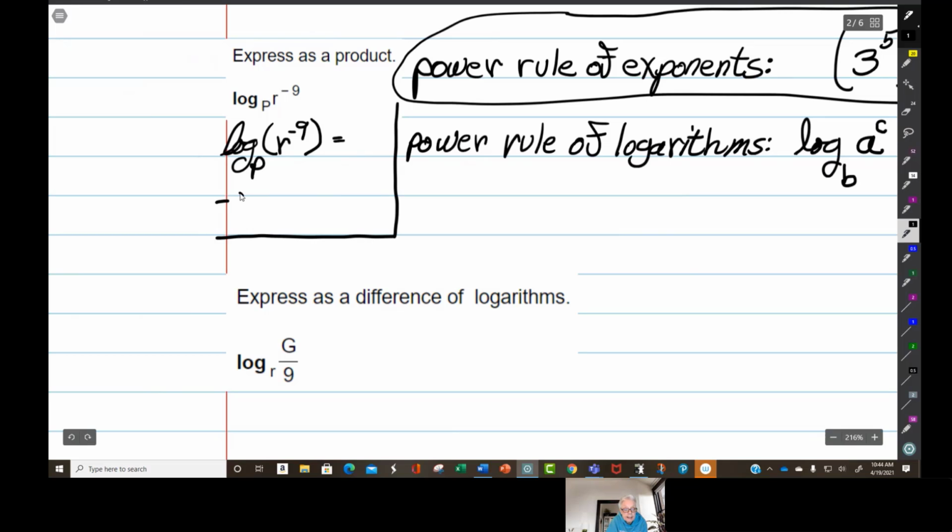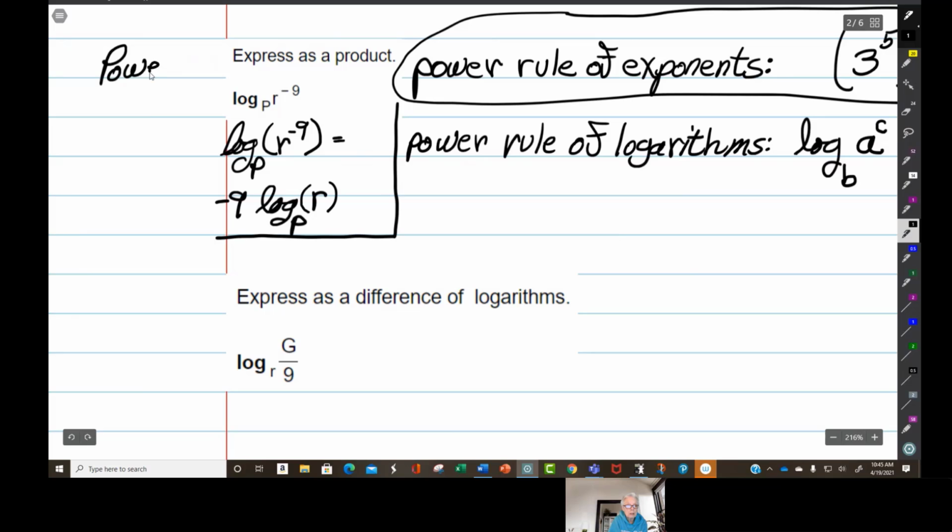So this is going to be -9 times log base P of (R). And you don't need parentheses around the R now, but I was always taught to do it, so I'm going to do it, period. That is the power rule of logarithms.